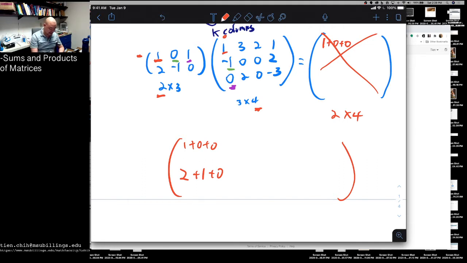And then I do the same thing with the second column here. So 1 times 3 is 3, 0 times 0 is 0, 1 times 2 is 2.